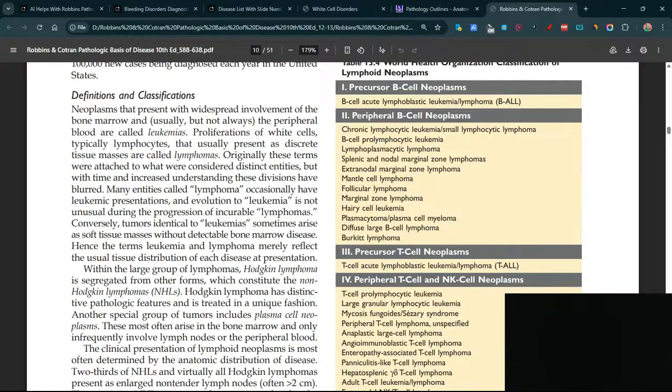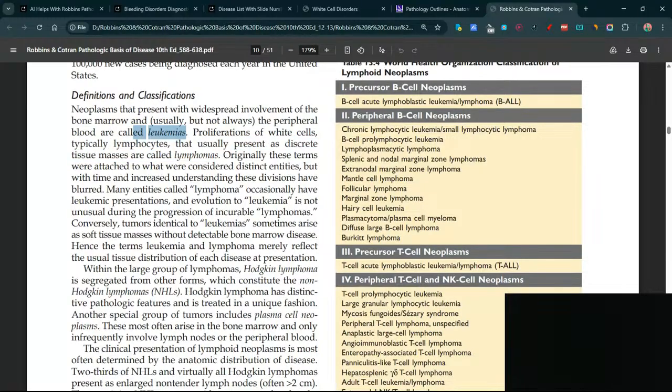Neoplasms that present with widespread involvement of the bone marrow and, usually but not always, the peripheral blood are called leukemias, a proliferation of white cells, typically lymphocytes, B and T cells. Those that usually present as discrete tissue masses are called lymphomas.